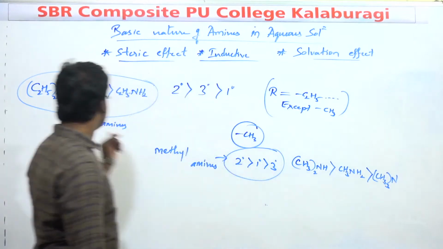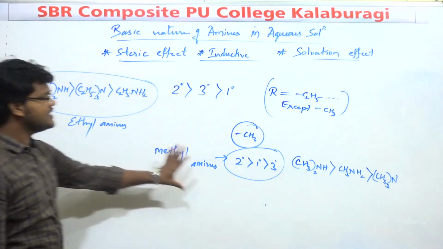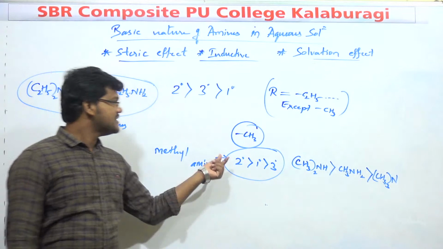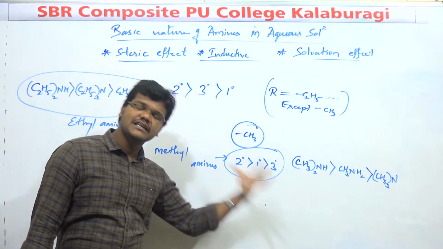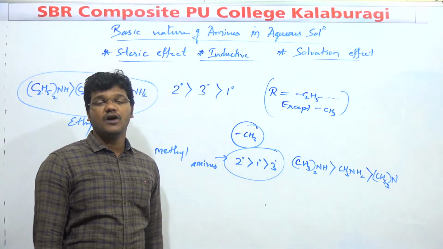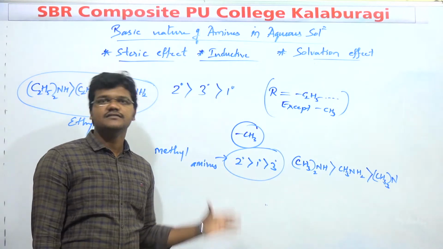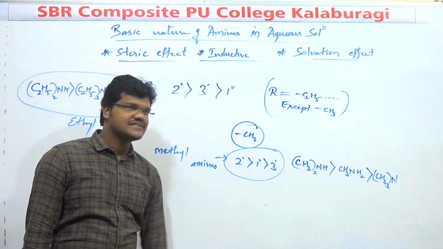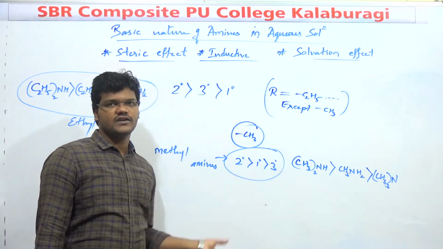There is a change for methylamine because methyl is sterically less hindered, it is not that heavy or bulky. Methyl is smaller, so steric hindrance will be less, so there is a small change over here.